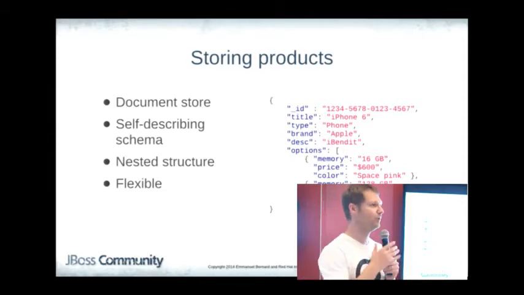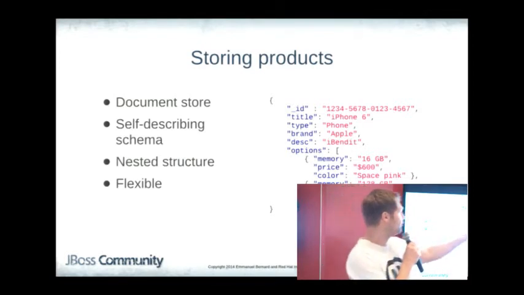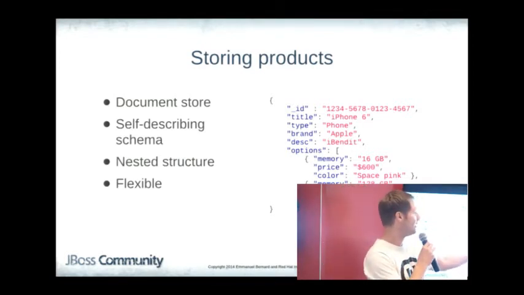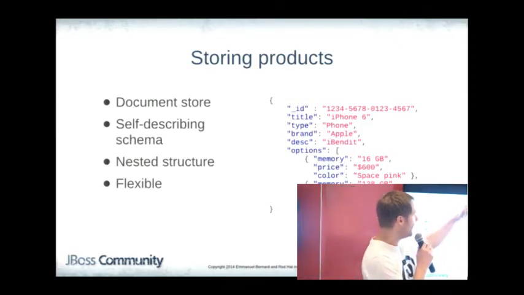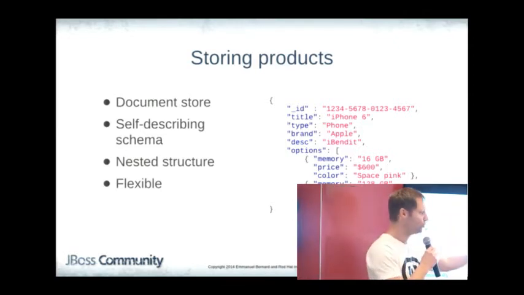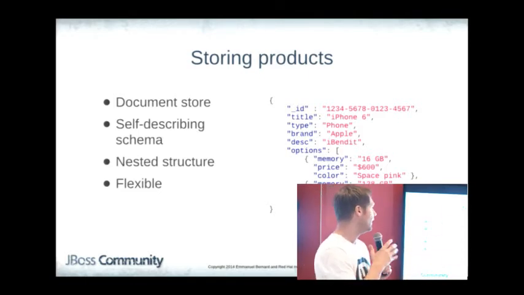So let's start simple. Let's start with a document store. The point here is the ability to store everything related to a document, in this case a product. I can put properties on it, I can put sub-properties and nested collections, those kinds of things. It's pretty interesting because the schema is self-describing.